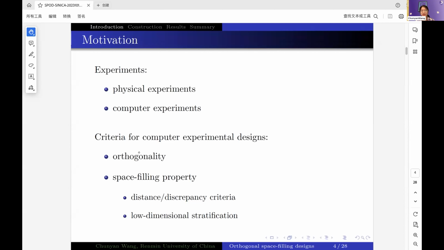On the other hand, if we have no information on the model, it is a very natural way to spread the design points on the design region uniformly. The uniformity can be evaluated by some distance or discrepancy based criterion, or we can evaluate the designs by low dimensional stratifications.